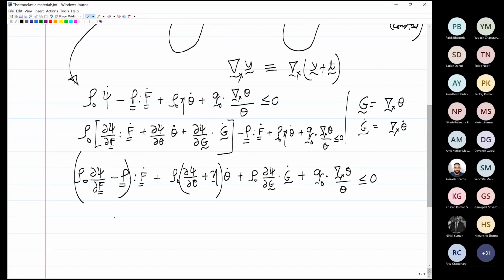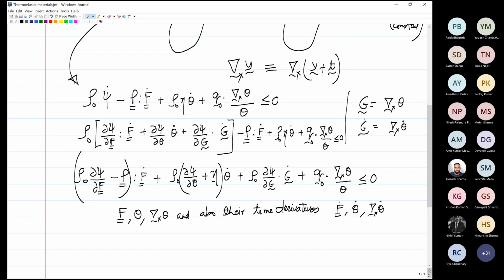Okay, now you see what the variables are here. We have F present here, we have theta present here, we have grad theta present here, and also their time derivatives, which are F dot, theta dot, grad x theta dot.